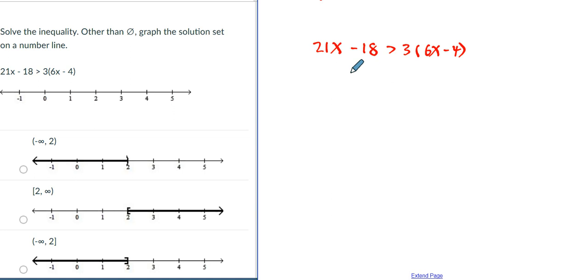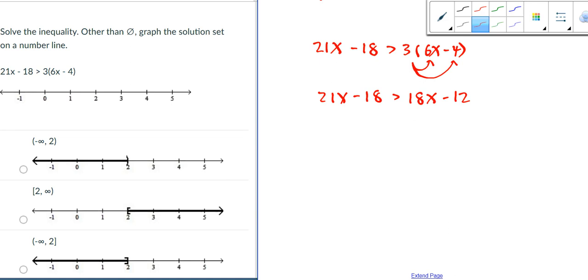And then we want to use the distributive property to multiply this one out. So we'll keep 21x minus 18, and we do 3 times 6x is 18x. 3 times negative 4 is negative 12. Okay, so that's step 1.